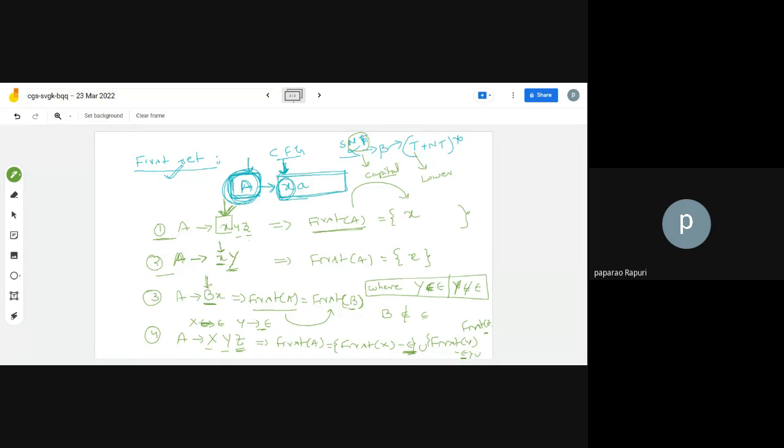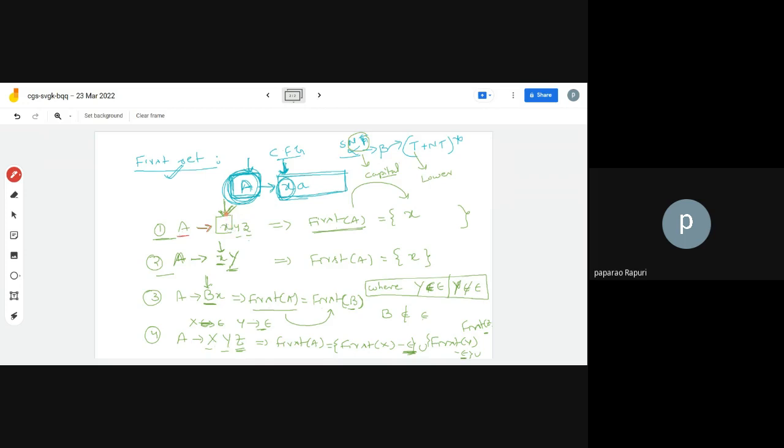So with these four rules, we can construct the first set for any non-terminal. The rules are: suppose any production A derives small x, small y, small z, so everything is a terminal.